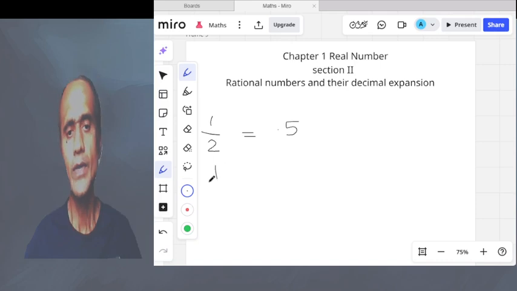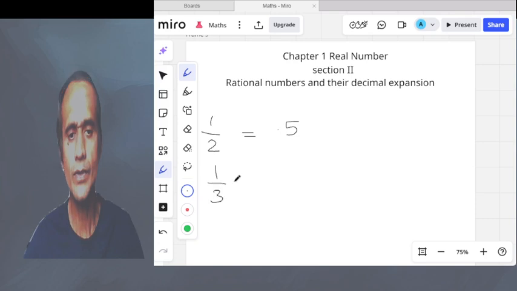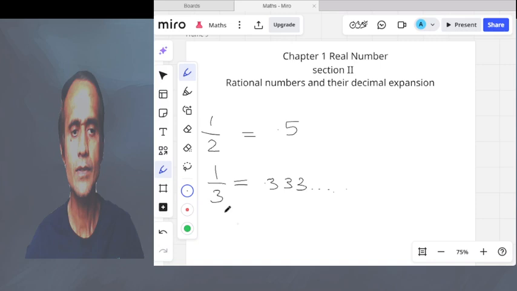Then if I take the rational number 1 by 3 and divide, what I get is 0.333 and so on. Then I take the next fraction, 1 by 4. What will I get? I get 0.25.